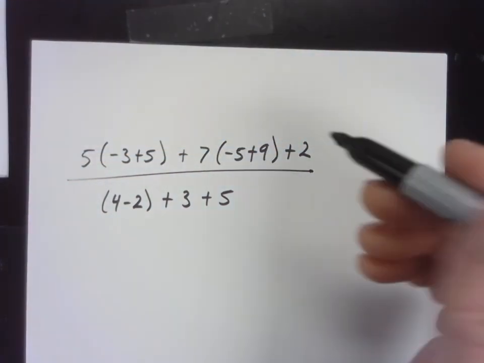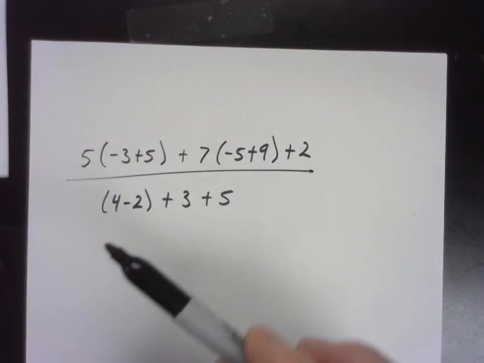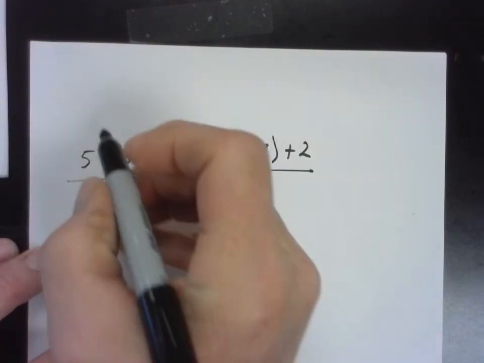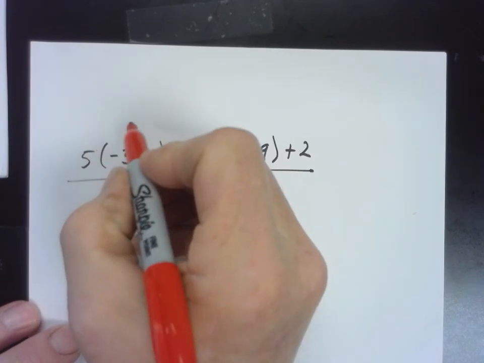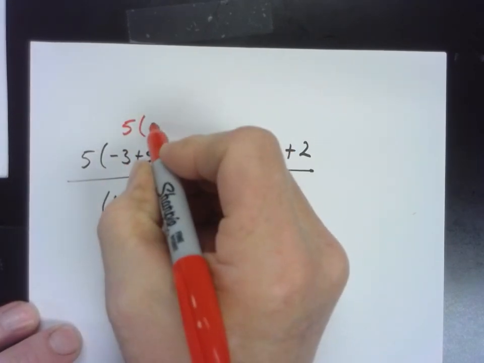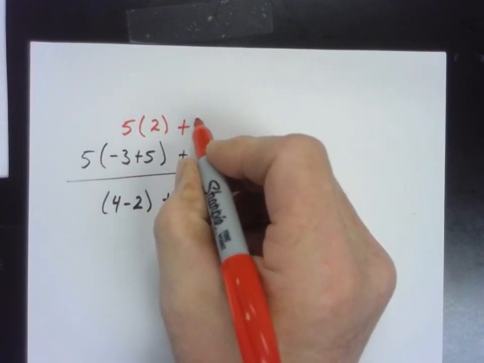Now, why do you think I left myself some room above my problem? Can I work this down the page? I can't, can I? Okay, and so in a case like this, this would be the first thing I would write on my paper. Negative 3 plus 5. Plus 7.